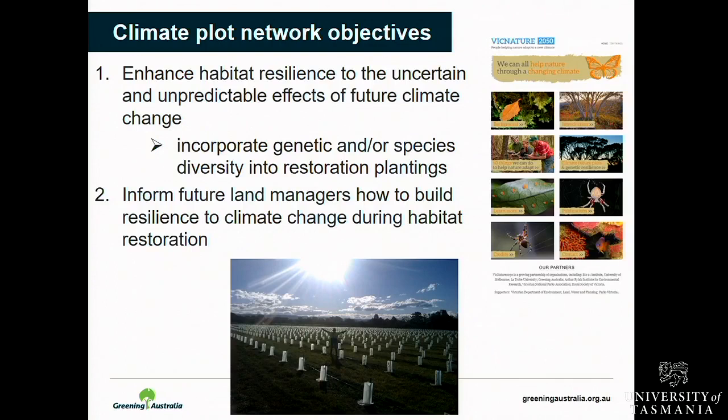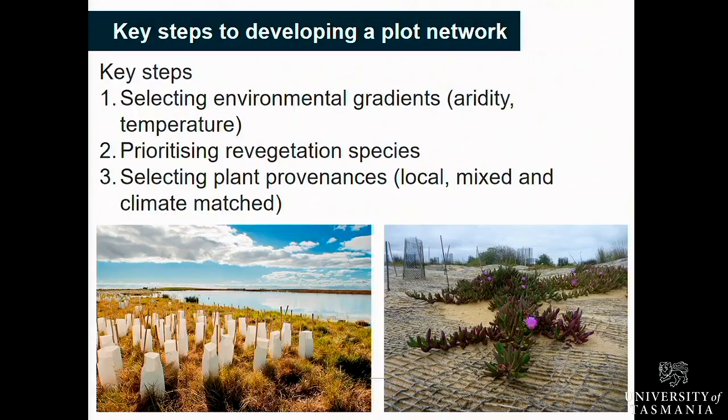Part of the project is looking at using these plots as research areas, but we're also working really strongly with catchment management authorities and Landcare groups to hopefully use these plots as seed production areas into the future as well.